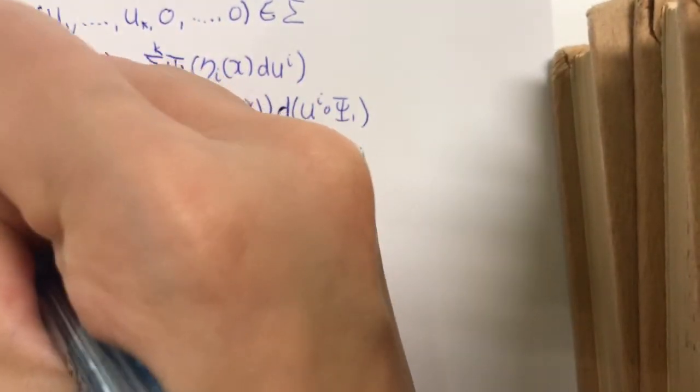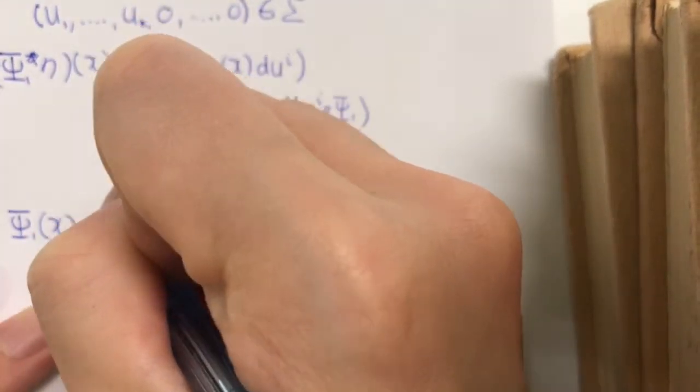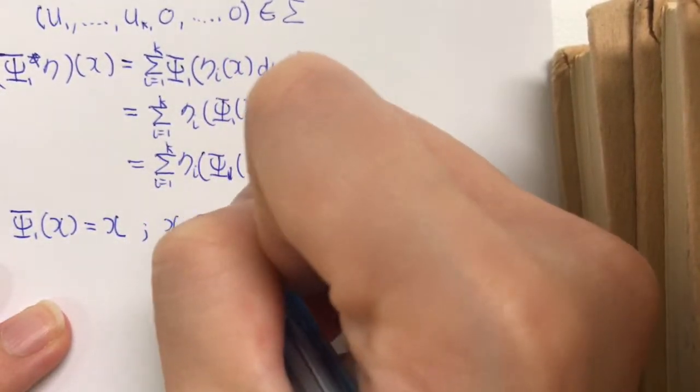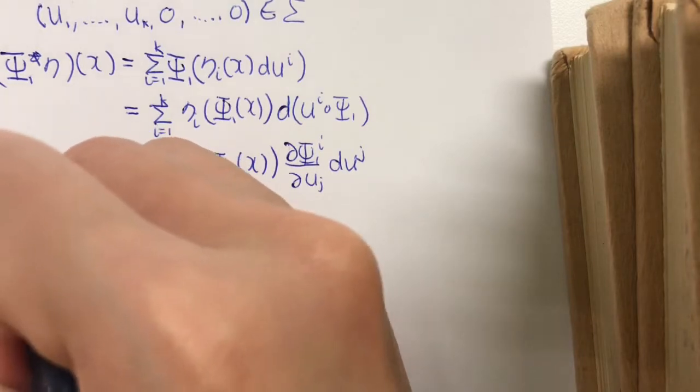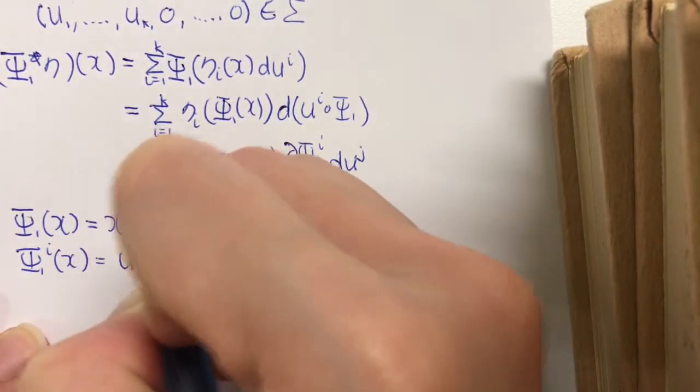So since we know that psi 1 of x is just the identity map for x on sigma, in this case psi 1 i is just the u i coordinate.